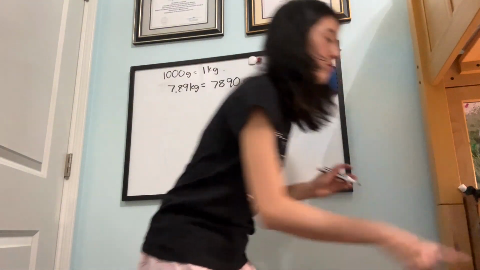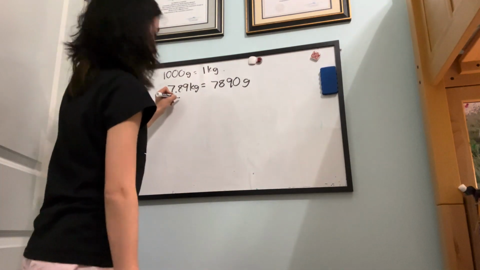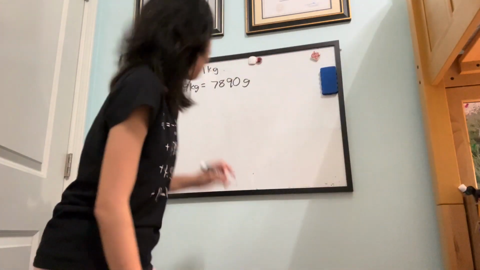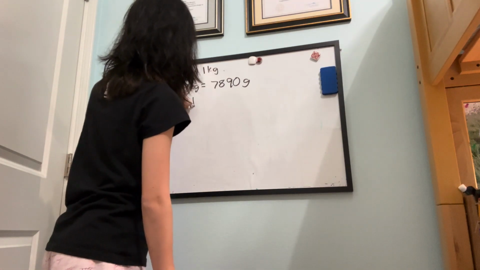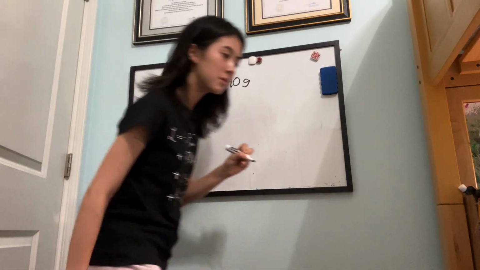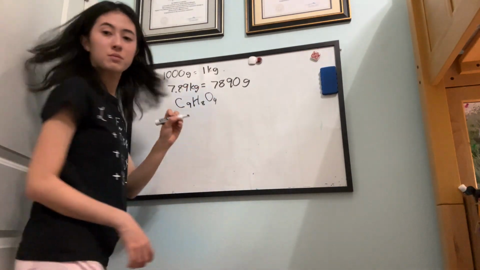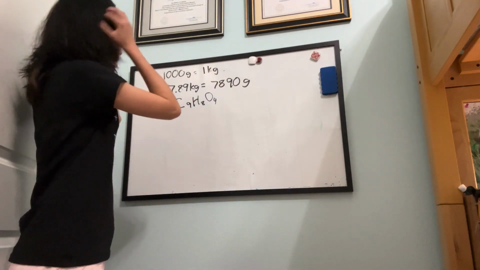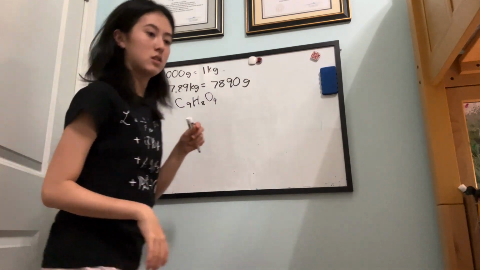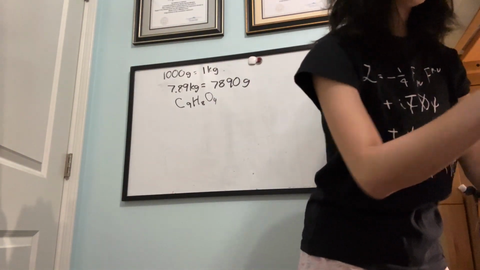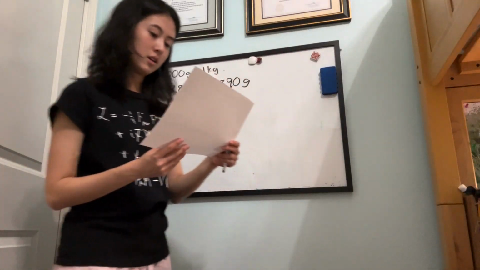So we can't forget that step. And then we can find the formula weight of aspirin, which they tell us is C9H8O4, right? And then you can use the periodic table that they give you on the exam.